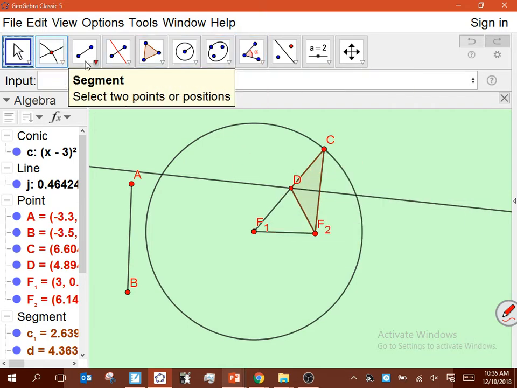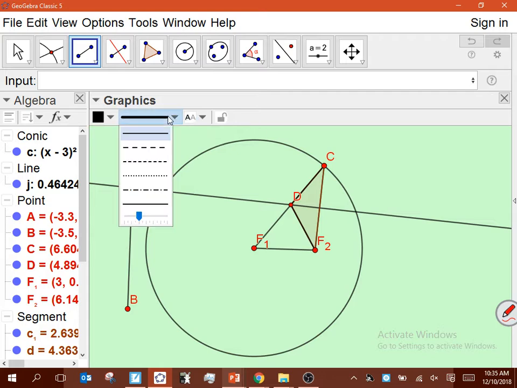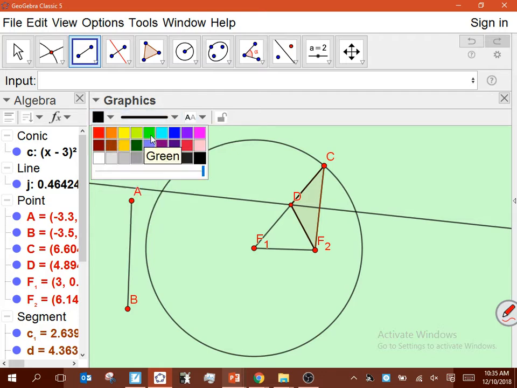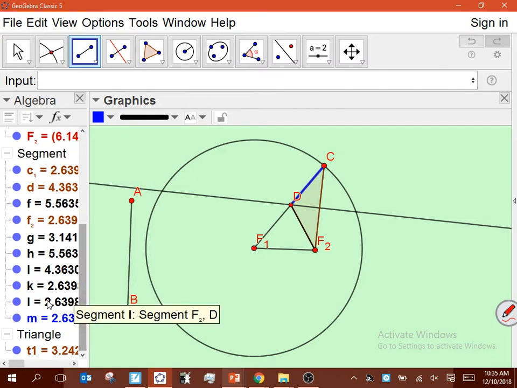Why do I need that isosceles triangle? Let's think about this. These two segments, between F2 and D, and then DC, are the legs of an isosceles triangle. Let me get that other one in here to be blue as well.